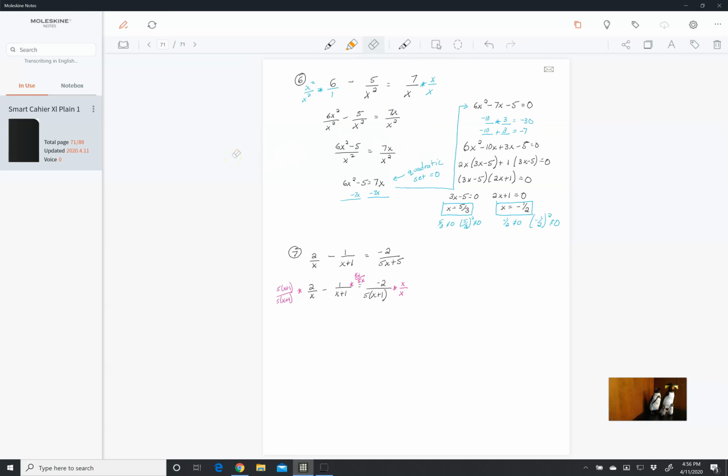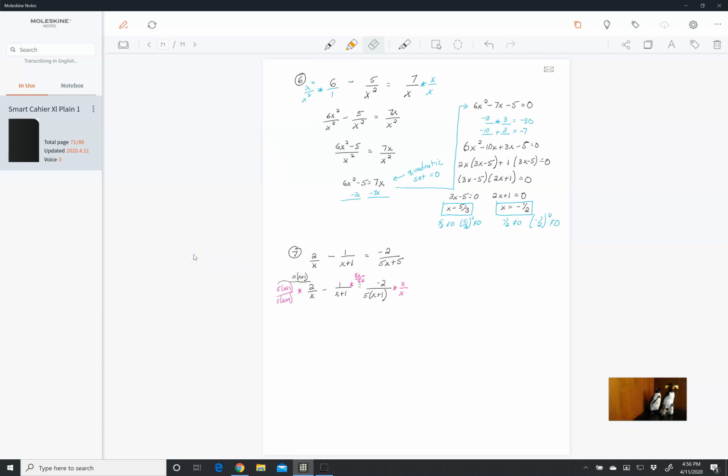So here, 2 times 5 is 10. So I'm going to put this in here as 10 times x plus 1. We can multiply the 2 times the 5. And I want to do that because now we can distribute that 10. Okay?